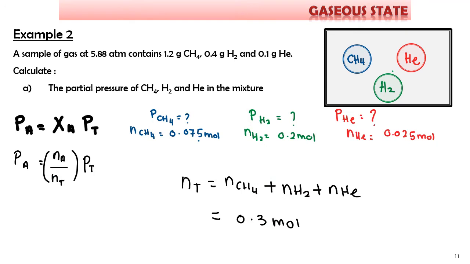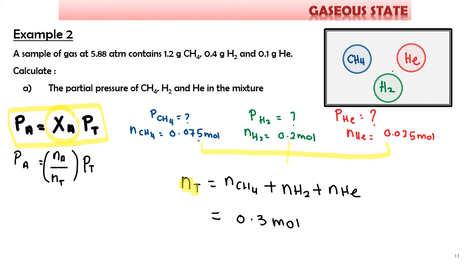So just insert into this formula for each gases, and for mole fraction, okay, it is mole of the gases divided by mole total, and mole total is the sum of all of this.